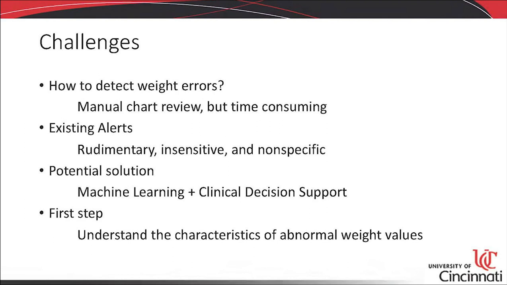Machine learning or even AI, which is a buzzword I'm not so familiar with, could be a good partner with the CDS. But the very first step is to understand what the characteristics of those abnormal values are, so we can target more reliable features to develop the algorithms.